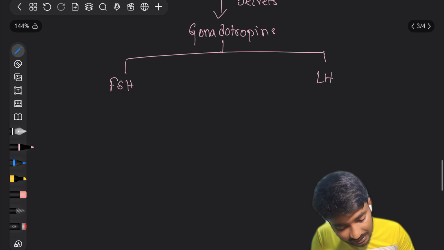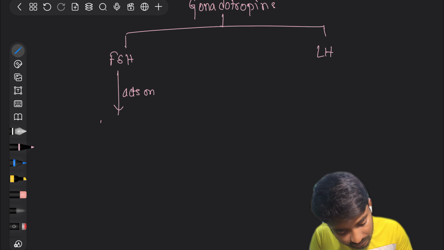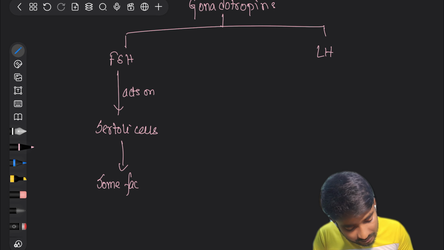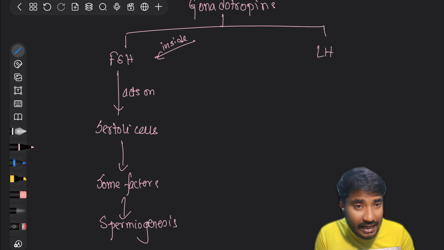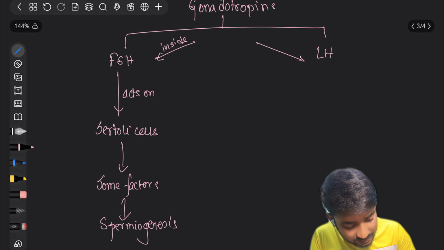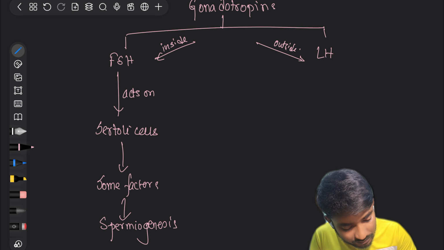So what is the function of FSH? FSH acts on Sertoli cells and releases some factors that cause spermiogenesis. Now, what is the function of LH?